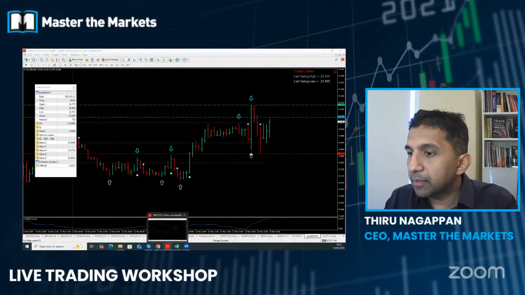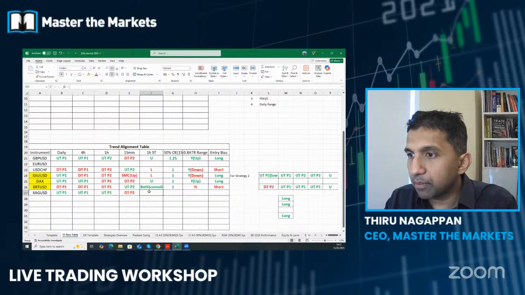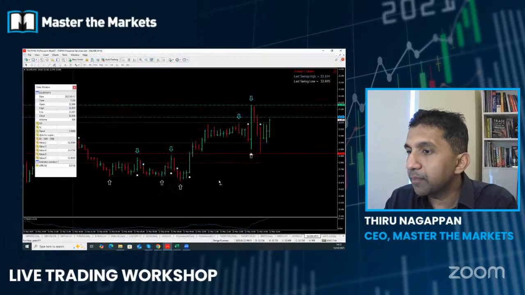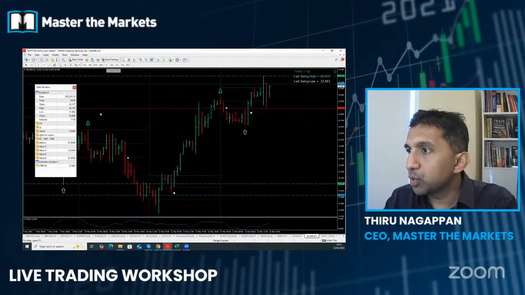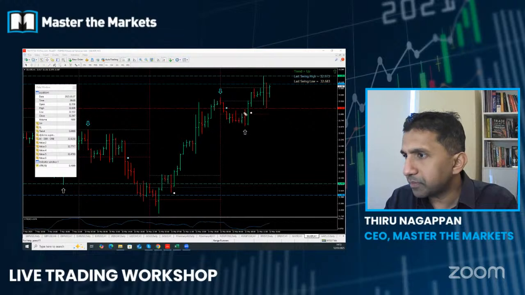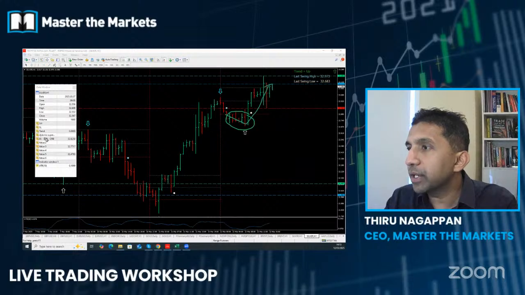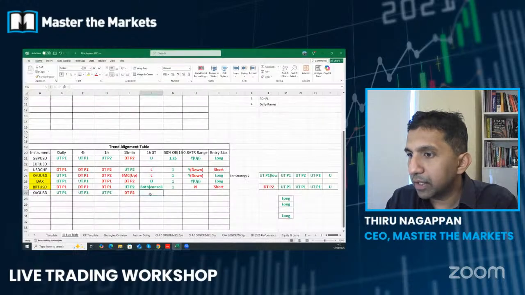Then in terms of the stretch principle, the 1-hour stretch, let me take a look over here. It just took out the 1-hour stretch to the downside here, but just a little bit of false breakout, right? And then after that, it went towards the upside. Okay, so then I would just mention that here.